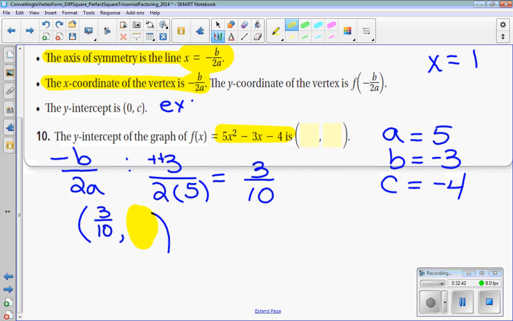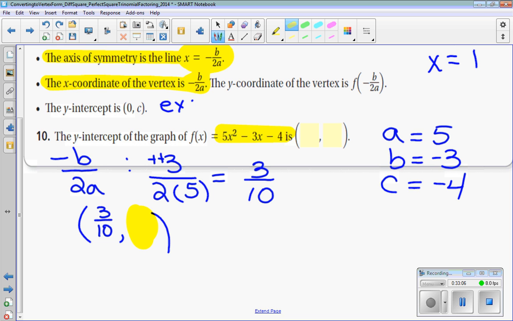Okay? So on your calculator, you should have your calculators out. We're going to have to plug in a fraction. That's okay. It's not going to kill us. We'll do it. I found negative 3/10 by using my formula. That gives me the x-coordinate of the vertex. The y-coordinate is simply plugging that in. So it's going to be 5 parentheses.